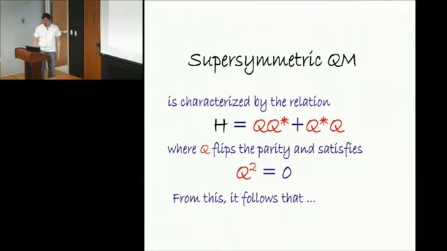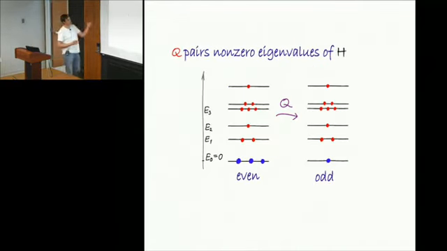An elementary algebraic consequence of this relation is this: if I look at the eigenvalues of H, then for those which are non-zero, Q will pair them. For every even eigenvalue there will be an odd eigenvalue of the exact same magnitude. So Q will just pair them. And for zero eigenvalues, it may kill some, it may pair some.